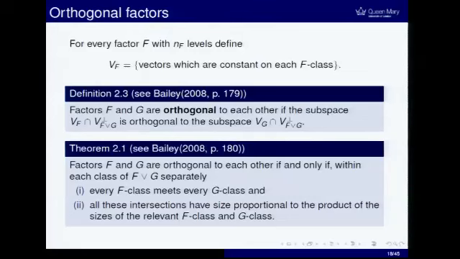Now, this slide here is not to be read at all, because what it does is, with every factor we can associate a vector space, a subspace of the vectors of length n, which has the same value whenever 2, say, observational units are in the same class of the factor.